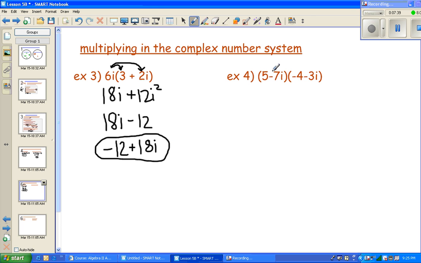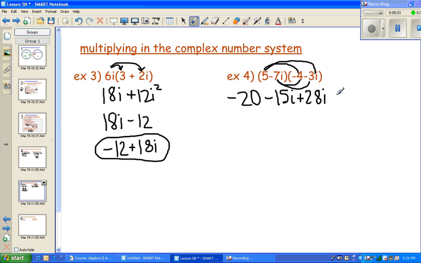Okay. So now we're going to do the FOIL method. We're going to do our first terms, get negative 20. Do your outsides, negative 15i. Do our insides, positive 28i.